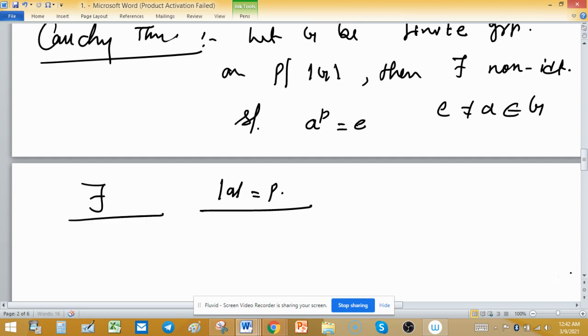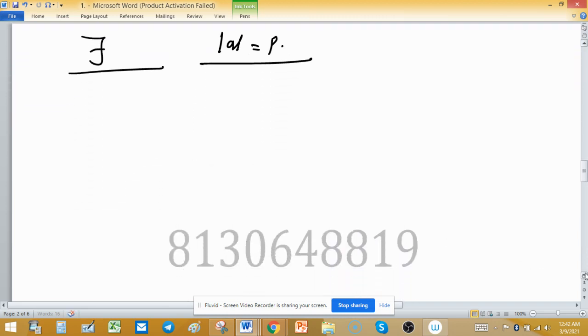This is existence, and the condition of existence is p dividing the order of G.